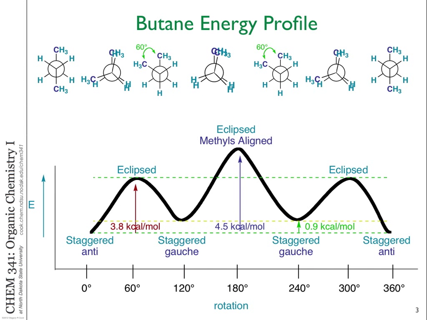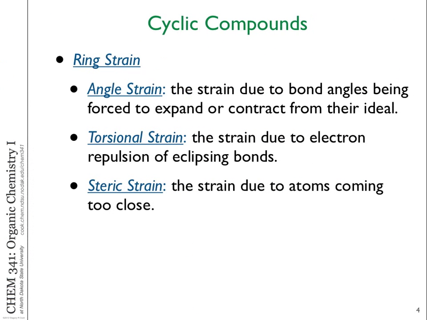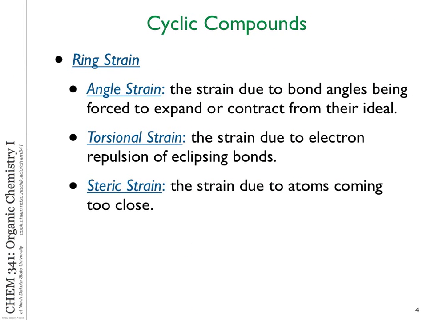So hopefully that reminds you of some of the things we were talking about in terms of butane and the energies associated with the different interactions. So we have steric strain, we have torsional strain involved in molecules. Those particular types of strain energies increase when a molecule has other restricted conformations, in particular when we make cyclic molecules.